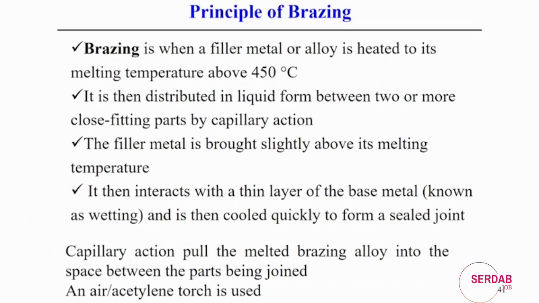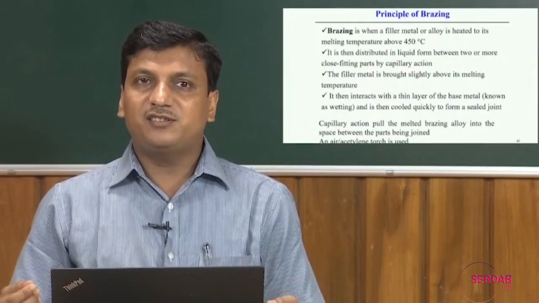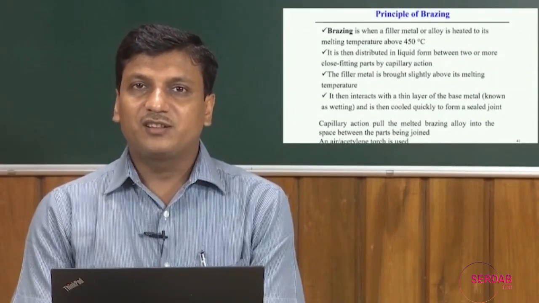Another significant point is that the maximum temperature may not be much higher than 460 degree centigrade. So, a little bit higher than the melting point temperature is followed in the case of the brazing process, because that makes the wetting action between these two base metals, and at the same time the base metal is not much affected by the amount of heat.